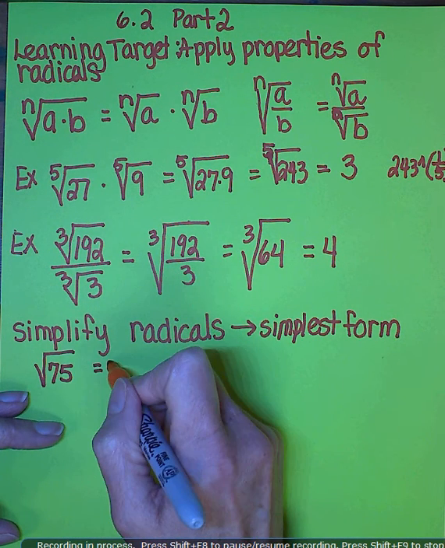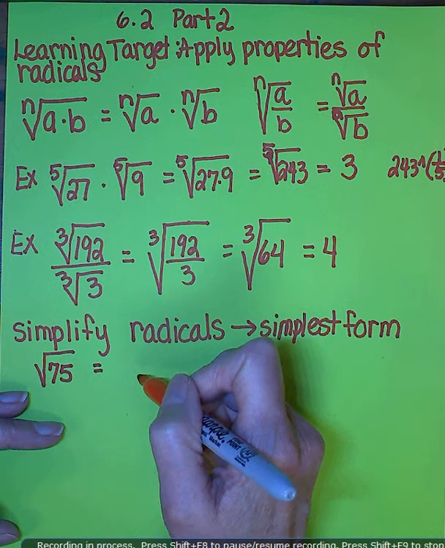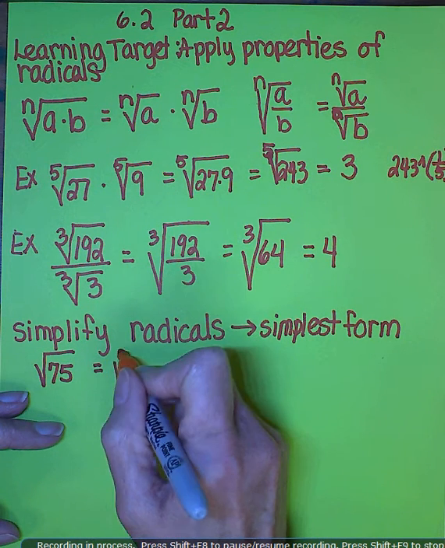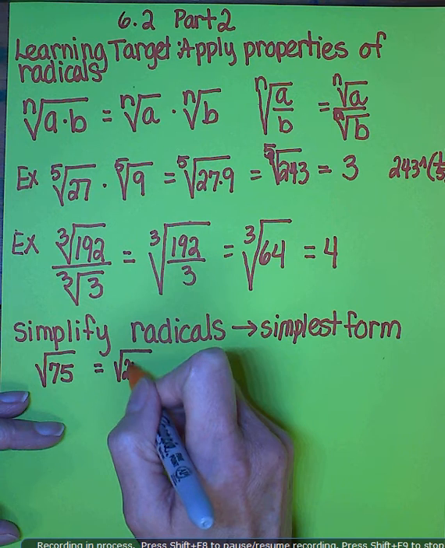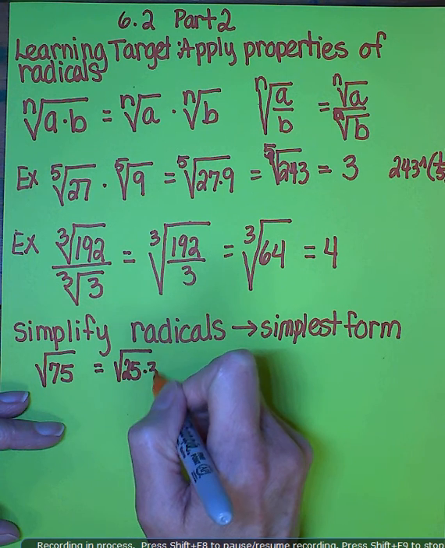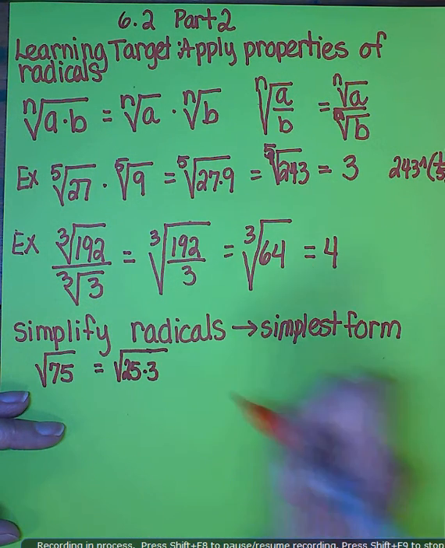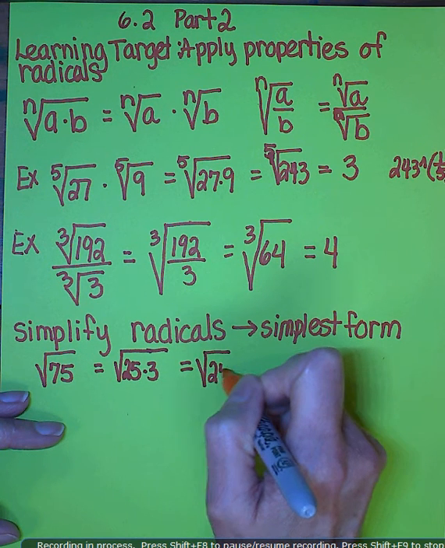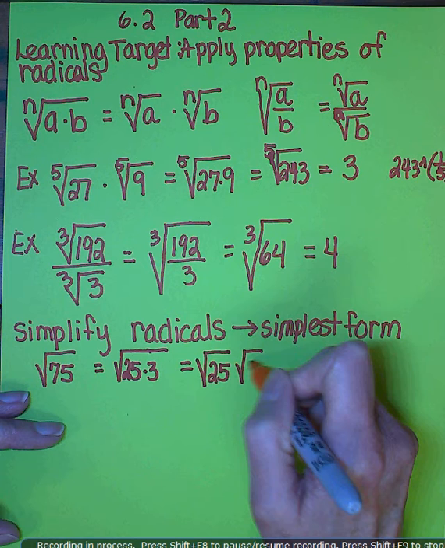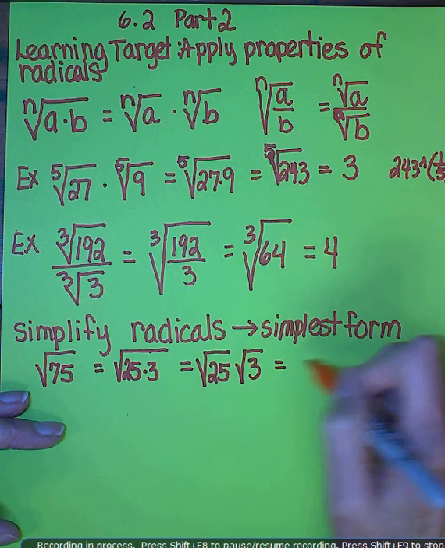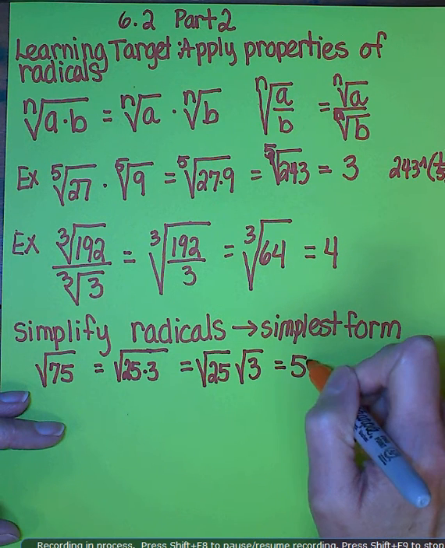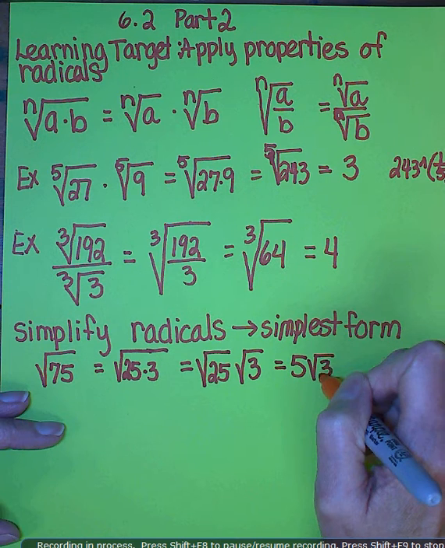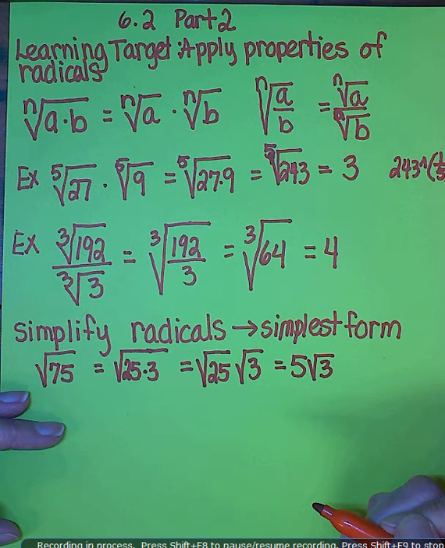So you're going to find the largest perfect square that goes into 75, and that's 25. And so 25 times 3 would give me 75. Then you can take the square root of 25. I'm going to break them apart. The square root of 25 is 5. So the final answer in simplest form would be 5 square roots of 3.